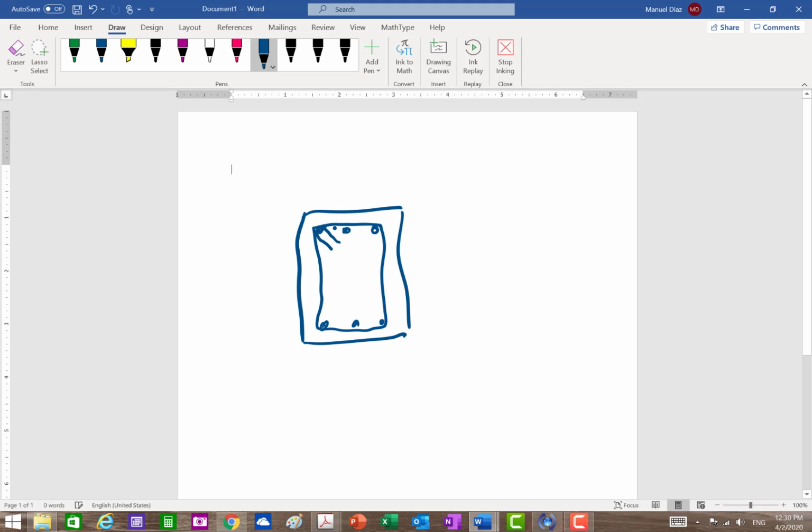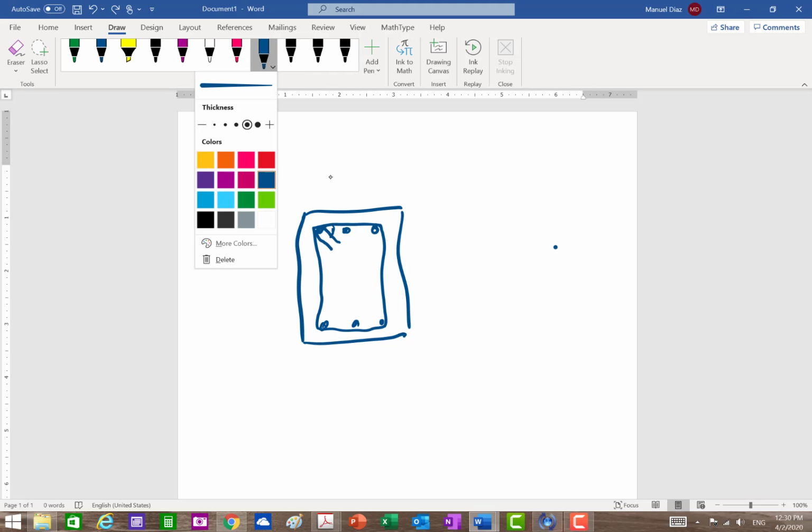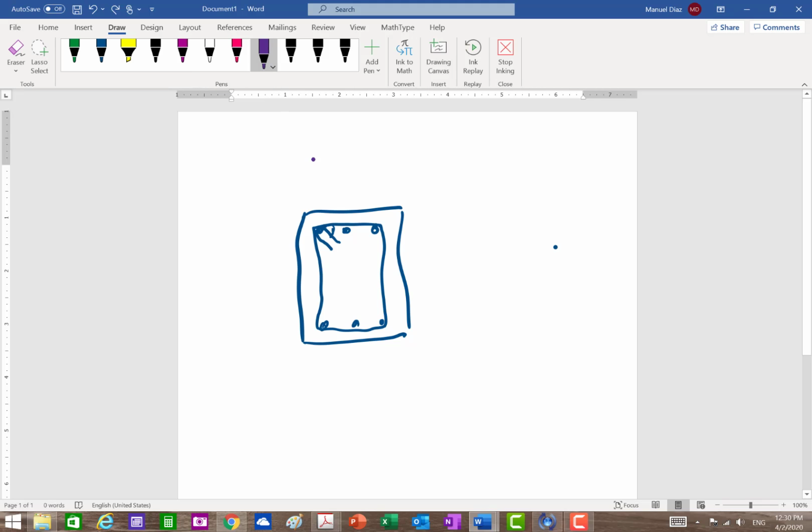And the angle here, that's what they're talking about, the 135 degrees. So that angle is 135 degrees.